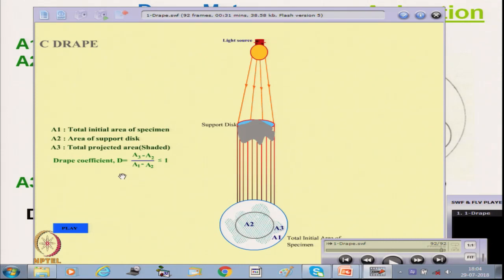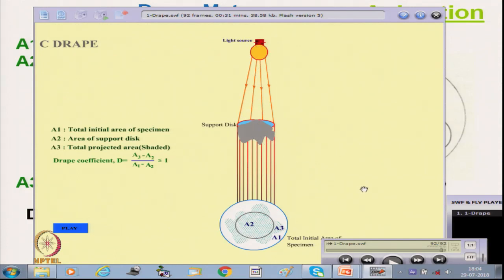Now, the main problem with this system is that the light is diverging, and the area we are getting is not the actual projected area of the fabric; it has been enlarged. That is why it sometimes gives error values, depending on the distance from the light source.